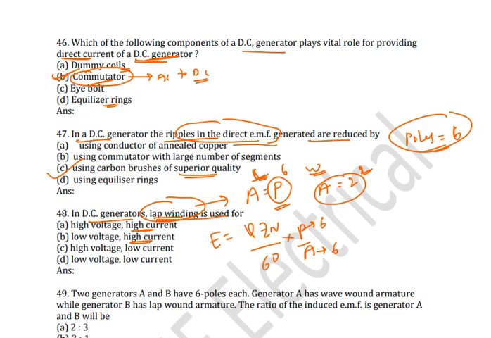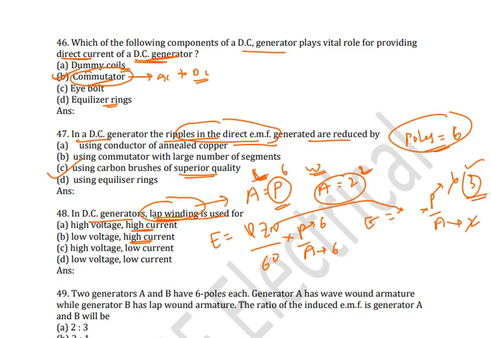In wave winding, for the same expression, the remaining portion is P by A, where the number of poles is 6 and the number of parallel paths is 2, so the fraction is 3. It is a multiplication by 3 in the case of wave winding. So the voltage is lower in lap winding and higher in wave winding.